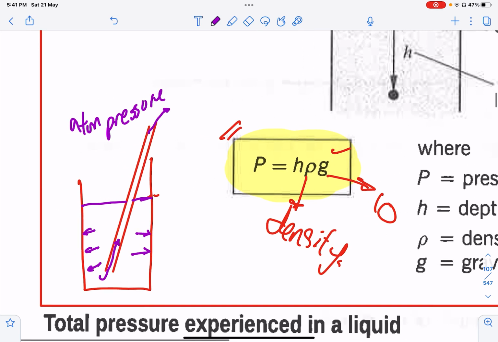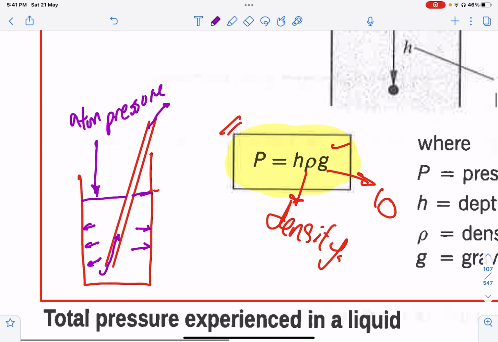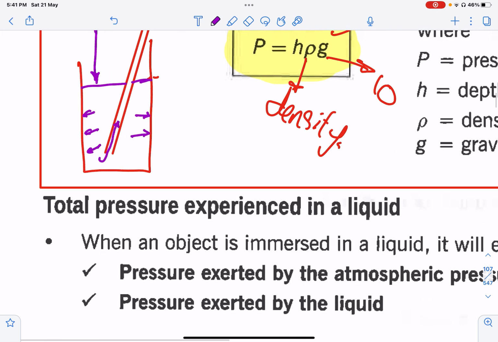Atmospheric pressure tends to push the liquid down, so the only way it can move away is through the straw and into your mouth. That's why total pressure experienced in a liquid comes in two forms: first, the atmospheric pressure, and second, the pressure exerted by the liquid.